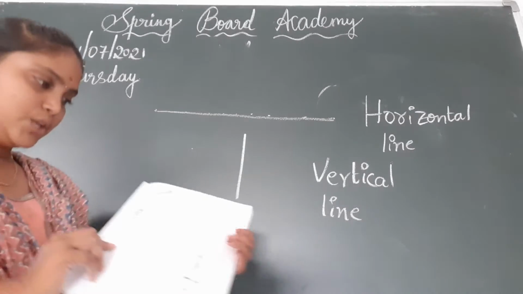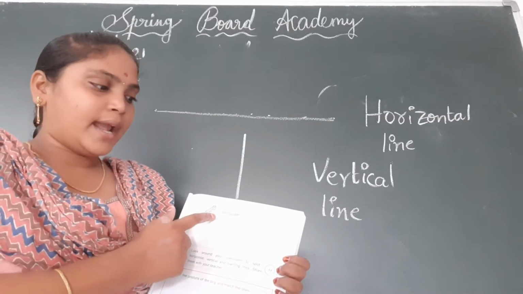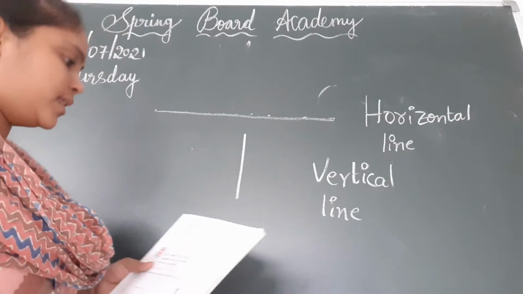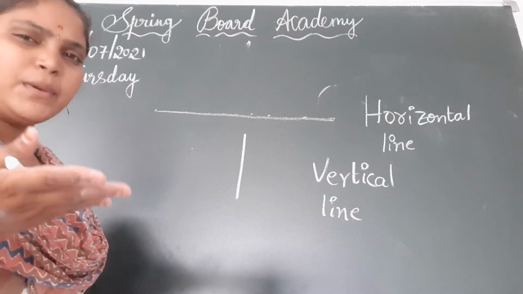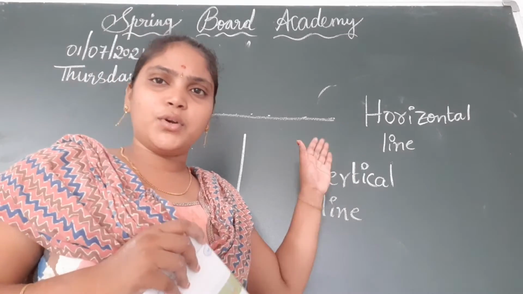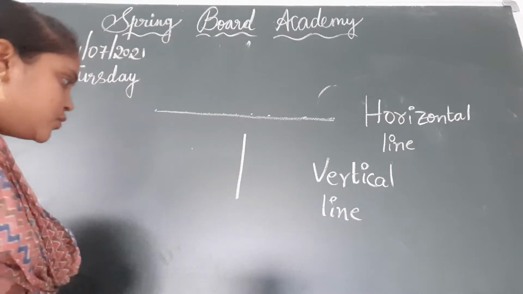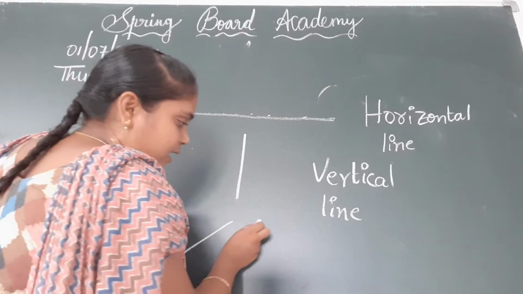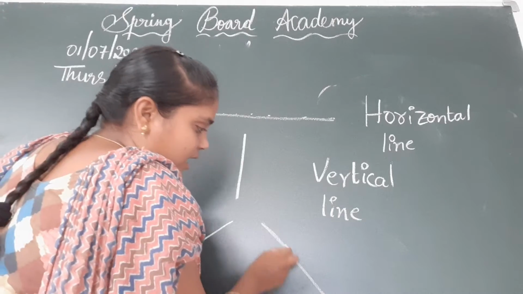And then page number 3. The rat slides down to reach home on a slanting path. In PP1 and PP2 you already learnt about these lines. Am I correct, children? What line is it? Yes, this is a slanting line. It slides down.